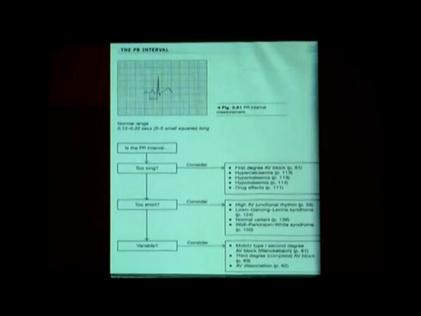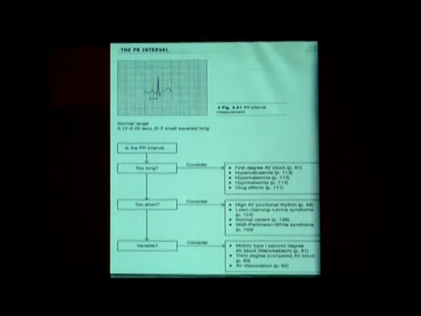So what does your PR interval represent? Atrioventricular conduction. It is mainly contributed by the AV nodal delay, but the PR interval represents atrioventricular conduction. There are only a few things for the PR interval. Where is it short? Accessory pathway, when the AV node is bypassed, as in WPW syndrome. Where is the PR interval long? First degree atrioventricular block.